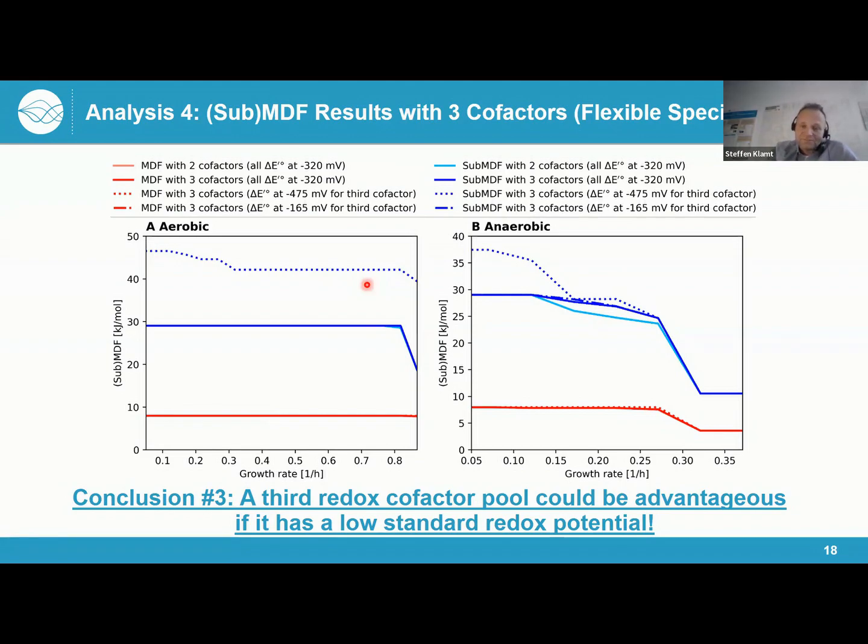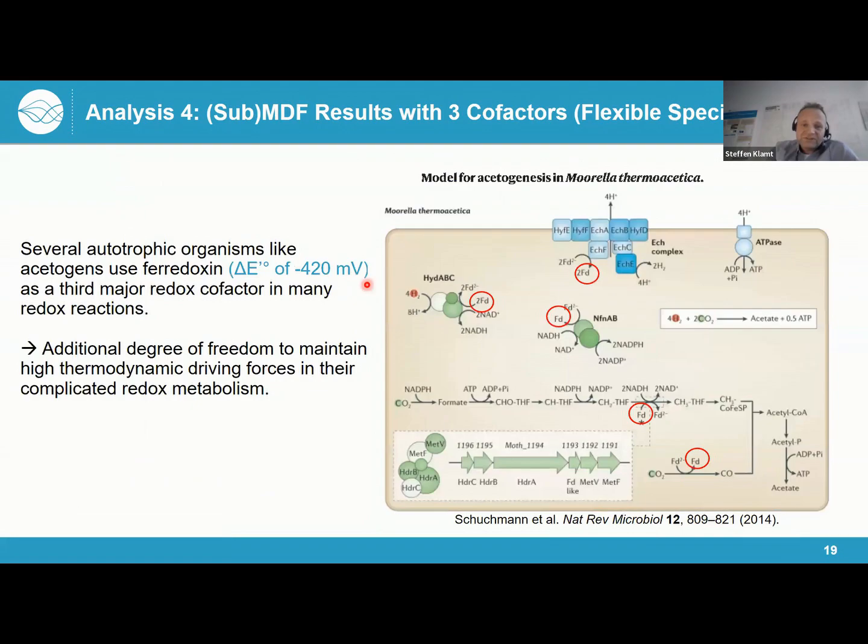And it's quite interesting to see here that indeed several autotrophic organisms, like acetogens shown here, use ferredoxin. So here we have, for example, 5 reactions using ferredoxin as a third major redox cofactor in combination with NAD and NADP.